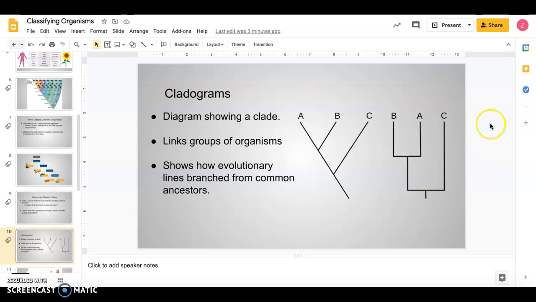The same thing is shown on the right in a different form. We show a common ancestor, species C broke off, and then we see species A and B broke off from a separate common ancestor, but like we talked about in the last lecture, all three of these species have a common ancestor at the beginning.